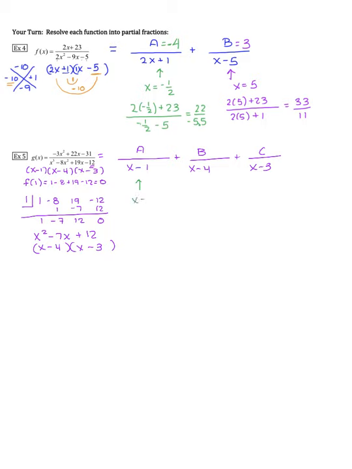So I'm going to let x equal 1. So I have negative 3 plus 22 minus 31 over, and I'm only going to plug it into the second 2 factors. So 1 minus 4 is a negative 3 times 1 minus 3, which is a negative 2. All right, so let's work this out.